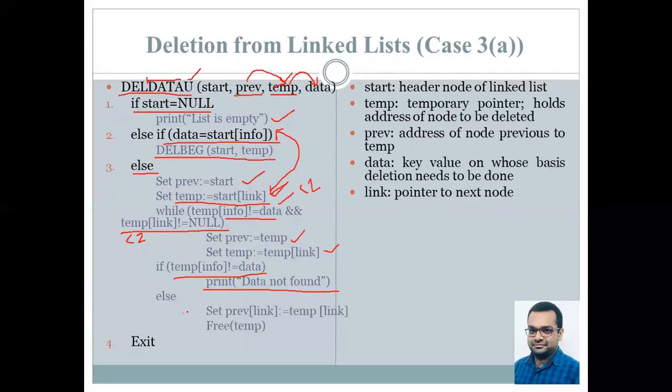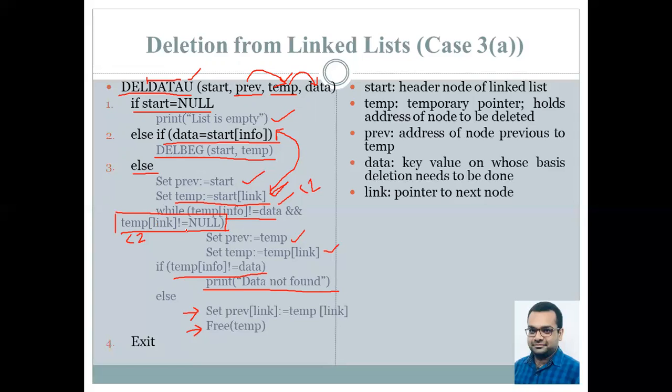Else we simply set previous link equal to temp link, and we free the memory allocated to temp. As we discussed in the last video, I'm going to reiterate that by using this condition, that is, instead of using temp not equal to null and simply using temp link is not equal to null, we are saving one iteration of this while loop. We'll see this later on.